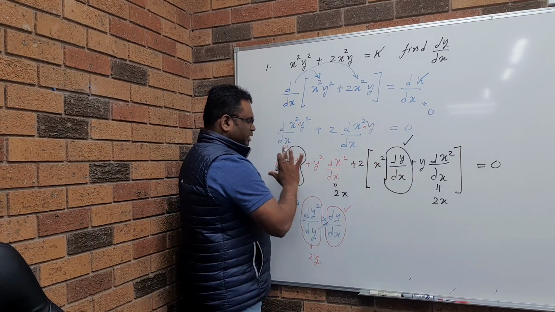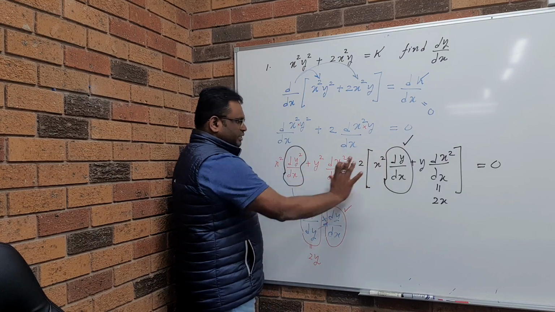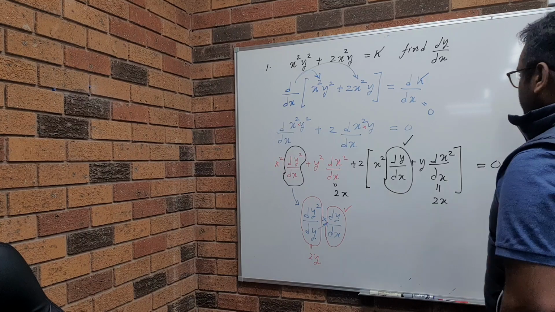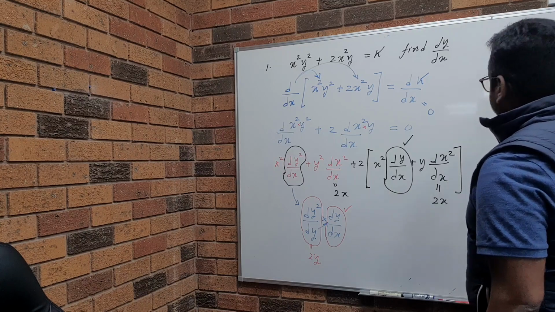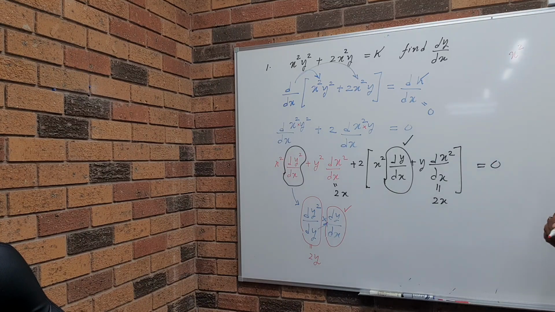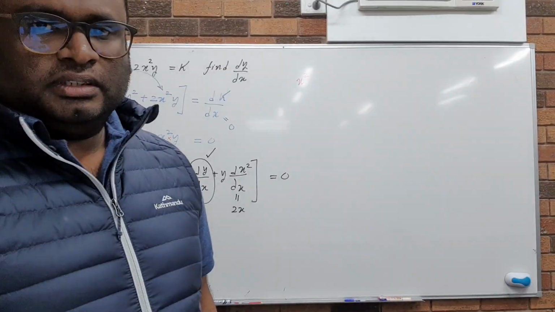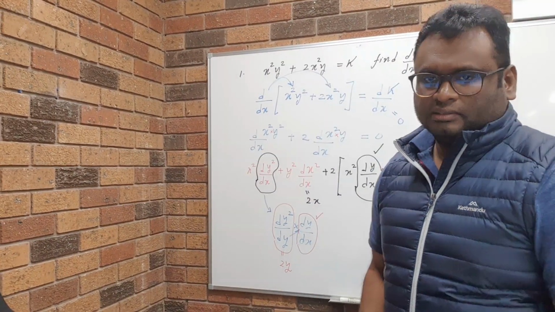So what I'm going to do now is rewrite this with all of these simplified terms. If I do that, the first term is x squared.